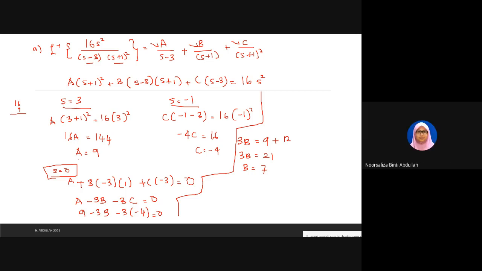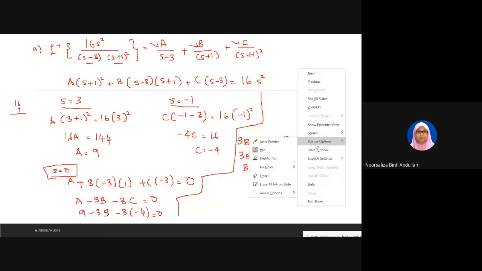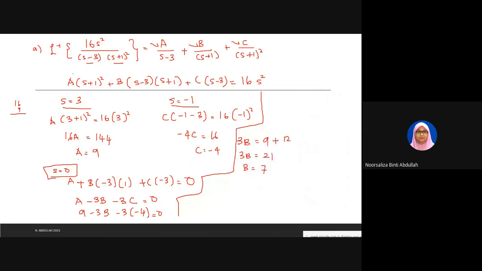Okay, yang senang, cara senang you nak dapatkan nilai A, nilai B, nilai C, adalah dengan you jadikan salah satu ataupun dua anu tu kosong.